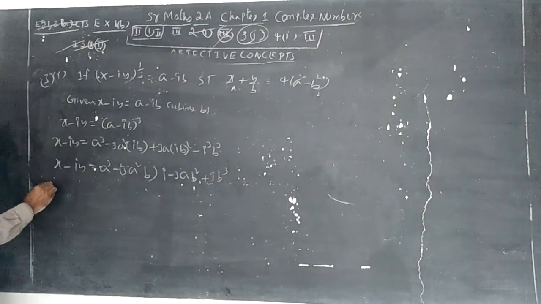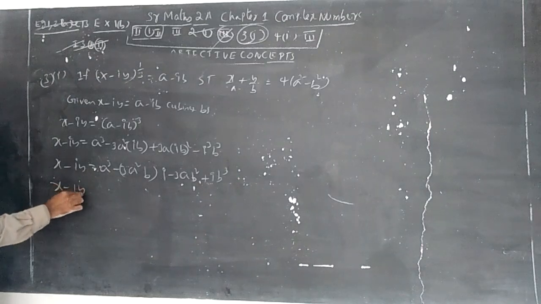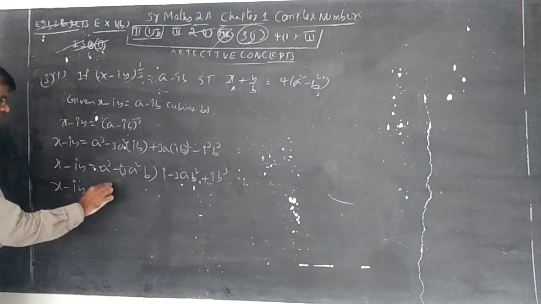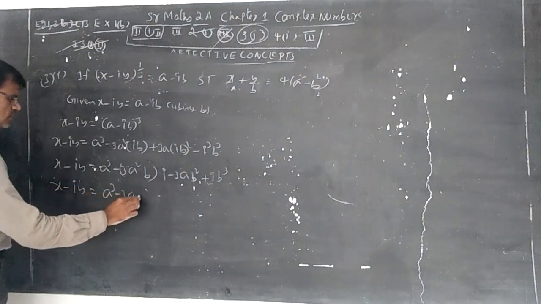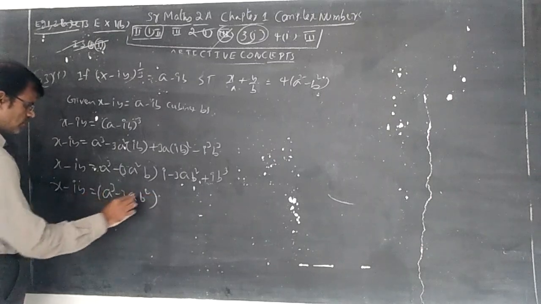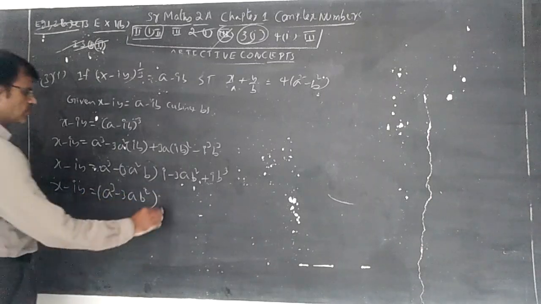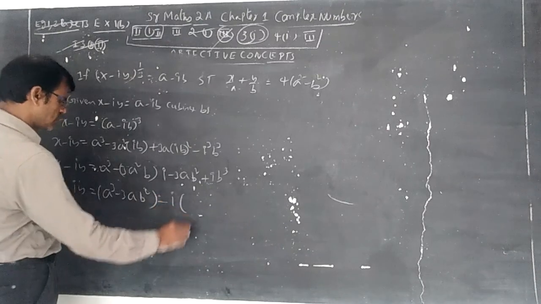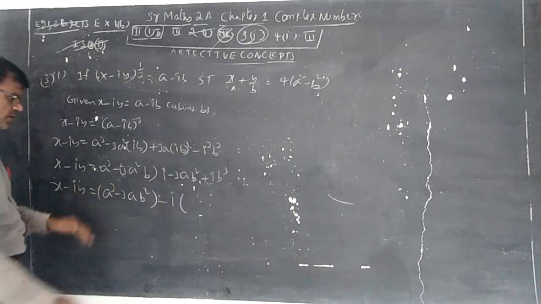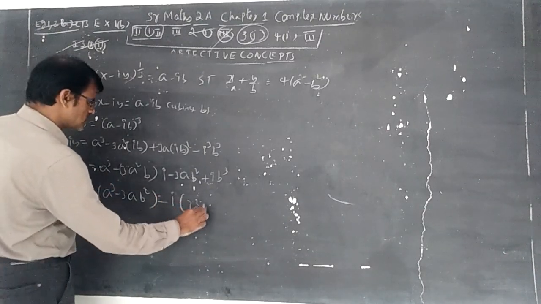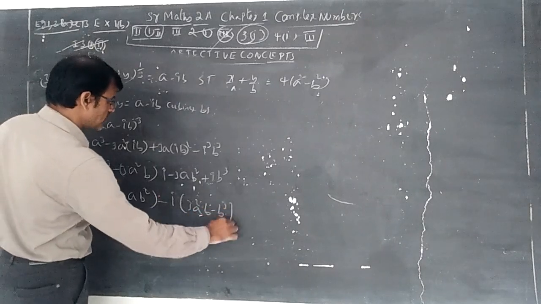Now write here x minus iy is equal to a cube minus 3ab square. Keep it aside because this is the real part. And minus, take common: it becomes 3a square b minus b cube.